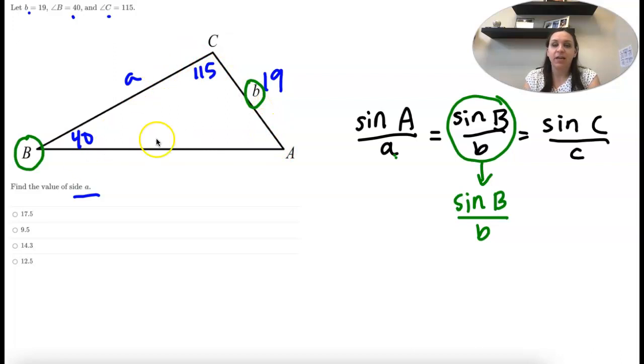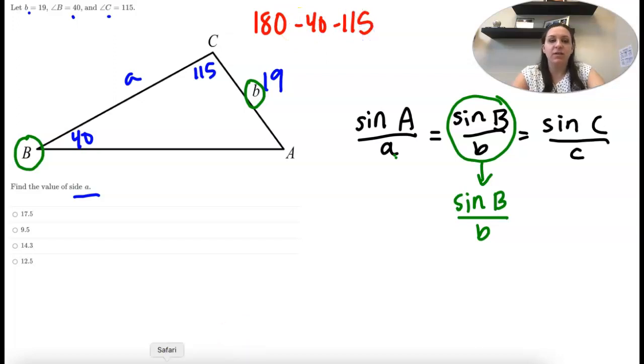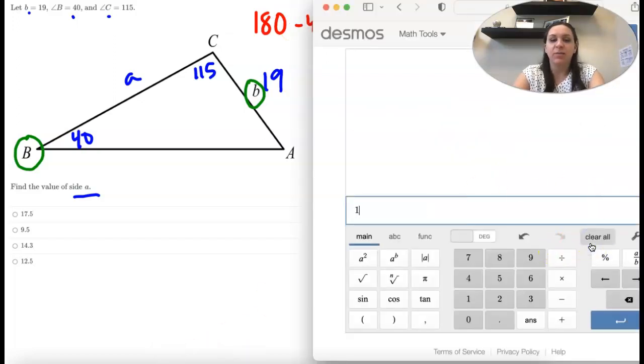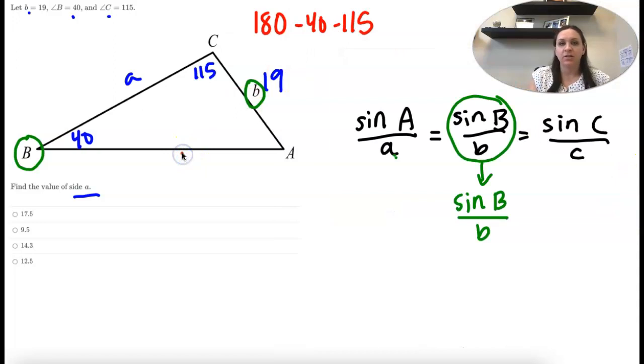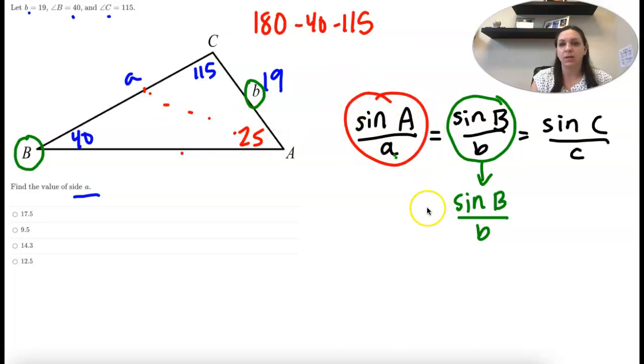All the angles in a triangle add to 180, so I'm going to take 180 minus 40 minus 115. And that's going to give me 25. So this angle's 25, and I'm going to use that to get my side. So I'm going to use this one.